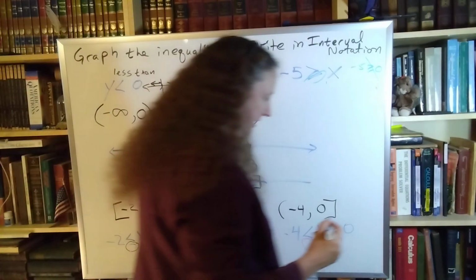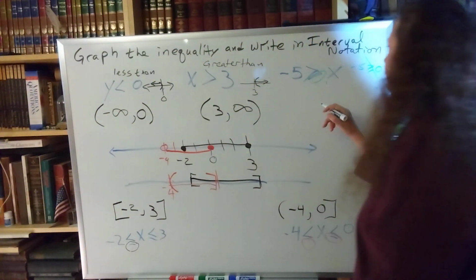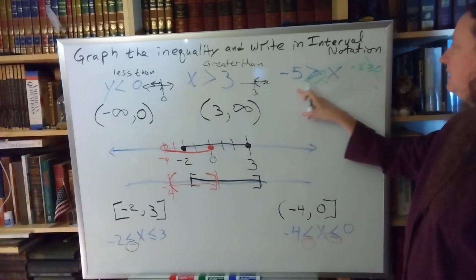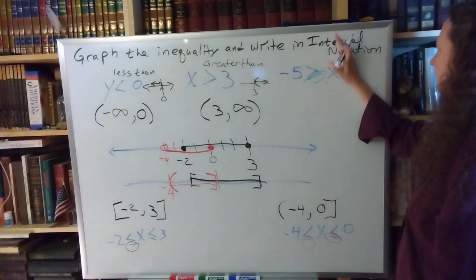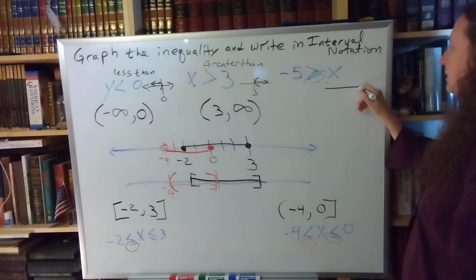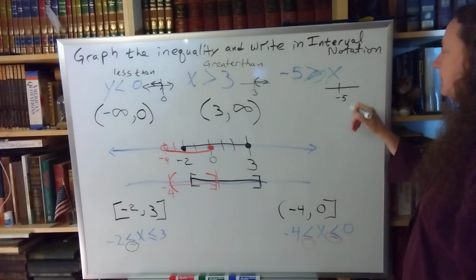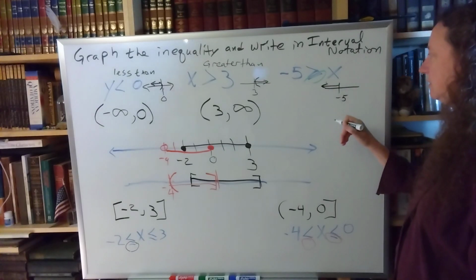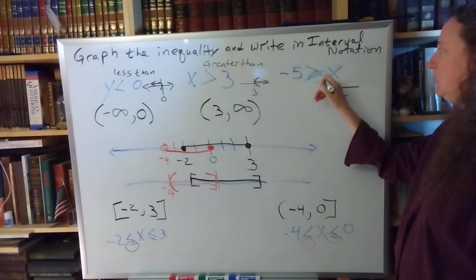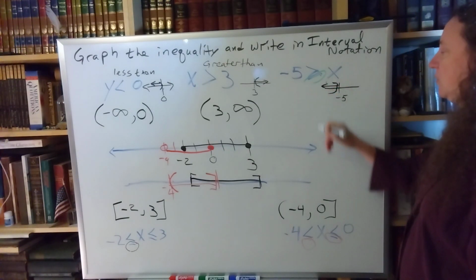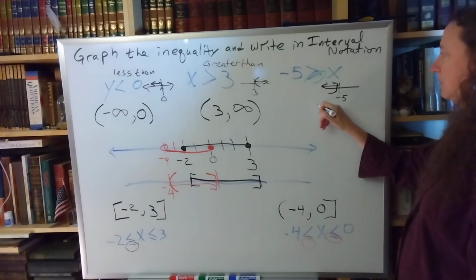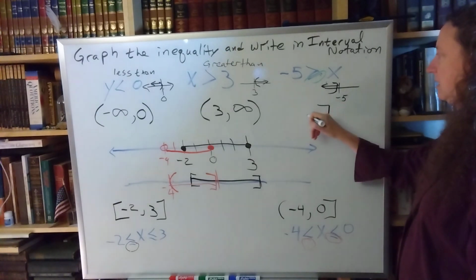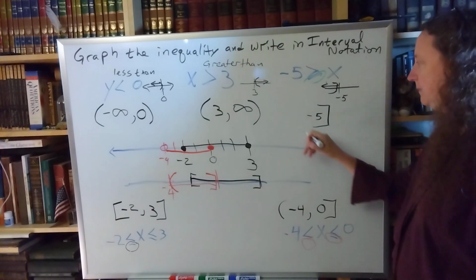Looking at this last one over here, we have the -5 is greater than, so on my graph, I have my -5. -5 was the largest number it could be, so it went off in that direction. And it could actually equal that, so it got the square there. So I get my square, I get my -5 at this side.